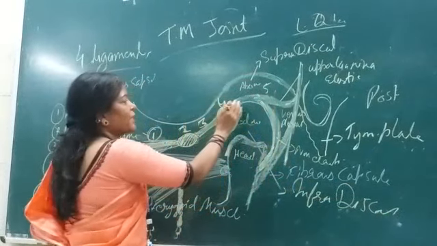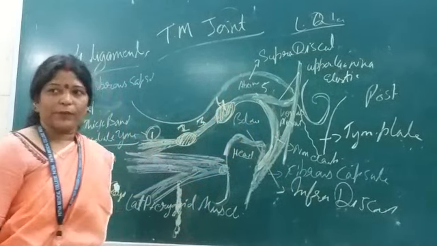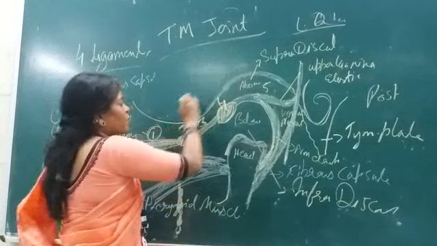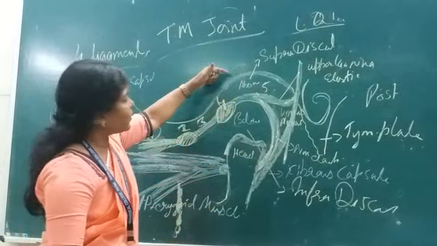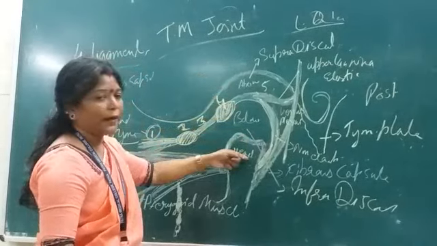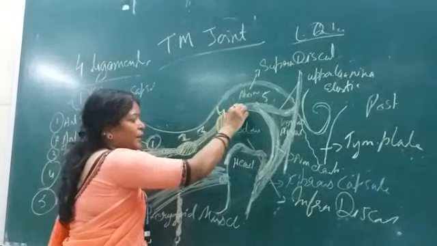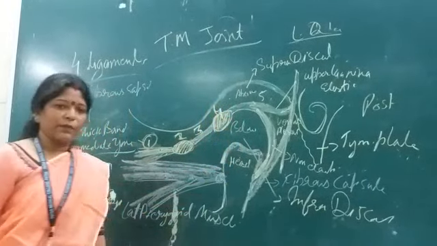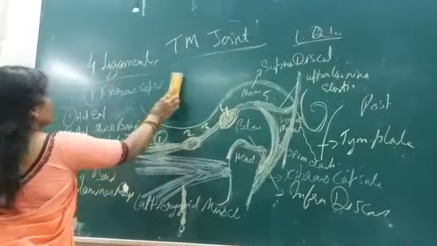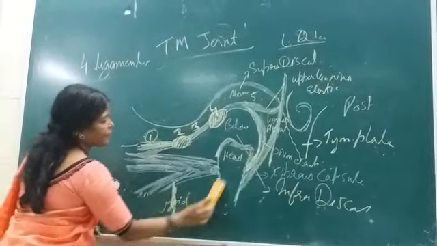Or you can say the menisco-temporal and menisco-mandibular compartments. Menisco-temporal, because the whole of the upper articular area is provided by the temporal bone, and below it is the mandible. So the menisco-temporal compartment and the menisco-mandibular compartment. So first you discuss the intra-articular disc here.